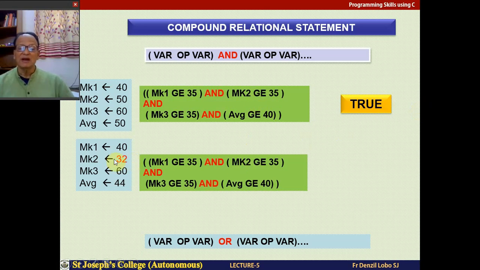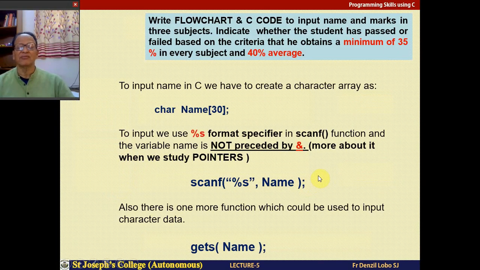But in this case, this person gets 32 in mark 2. The condition is it should be greater than or equal to 35. Therefore, though he has an average more than 40, he fails. As you see, this is false. Therefore, the value returned by this compound statement is false. Therefore, he fails.